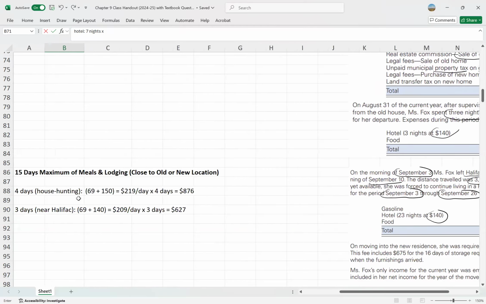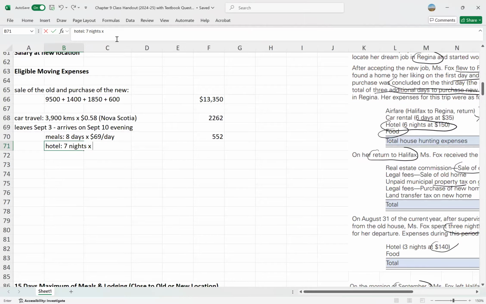So 7 nights at $140 per night is $980. It gets a little bit confusing, but she's leaving on the 3rd and gets in on the evening of the 10th. So meals for all those days, but for the hotel while she's traveling, every night except September the 10th, because on the 10th she is already staying in Regina, not on the road.